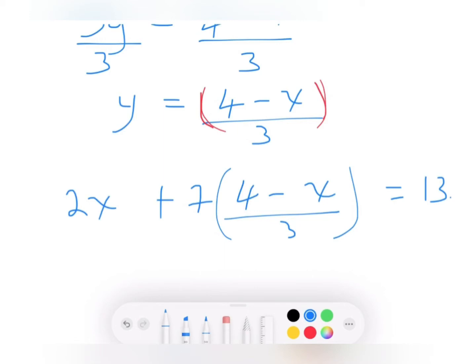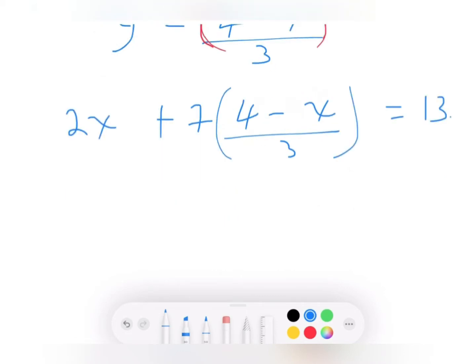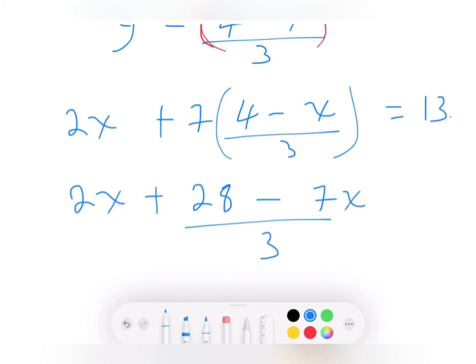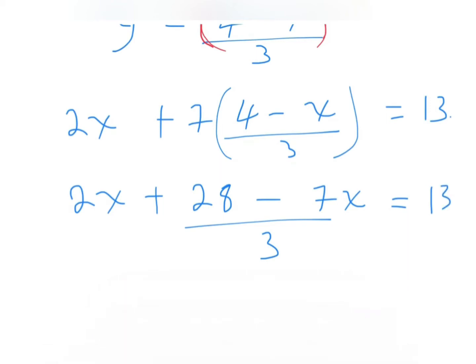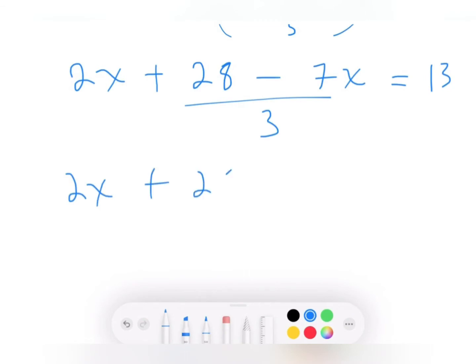To solve for x, let me first multiply by 7. The 2x will remain, plus 7 times 4, which is 28, minus 7x over 3. And that would equal 13. Now let's break up this fraction: 2x plus 28 over 3 minus 7 over 3 x equals 13.